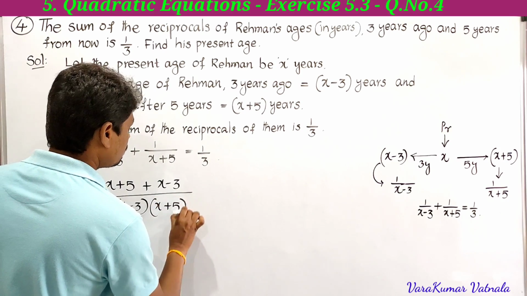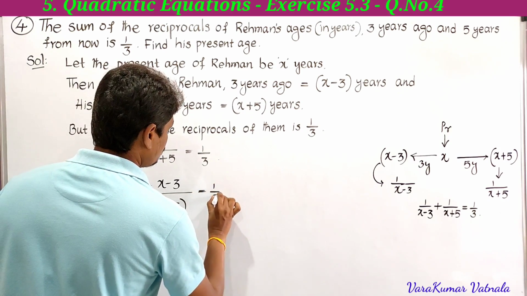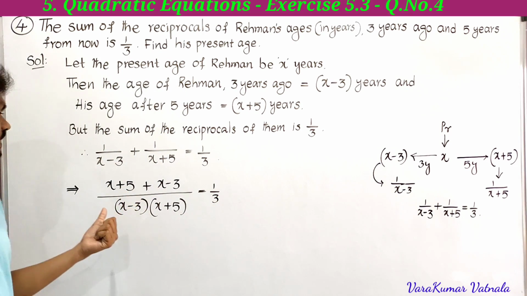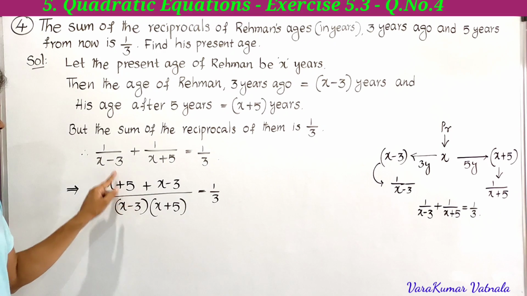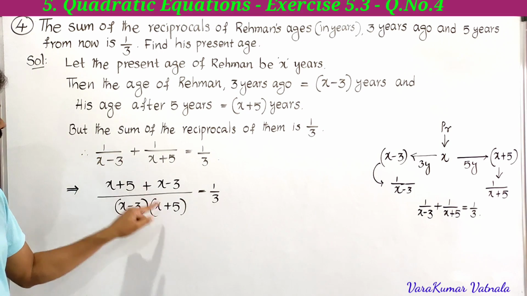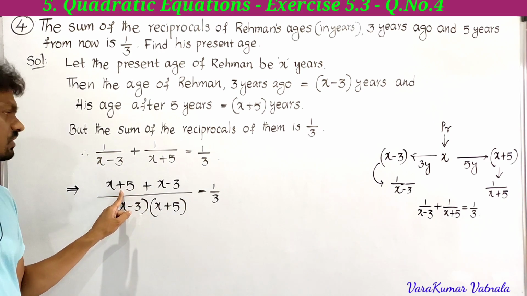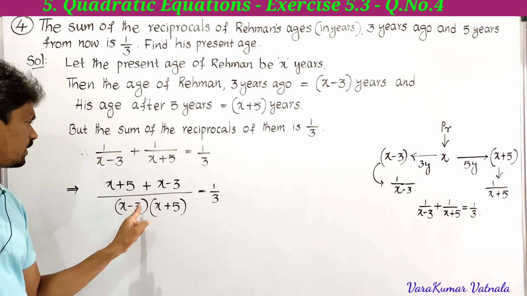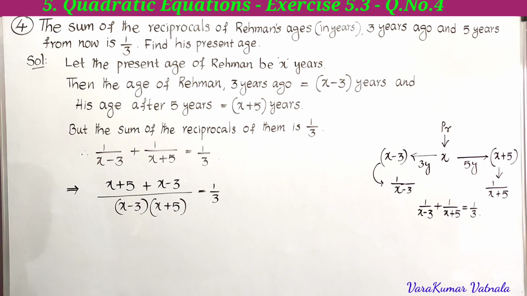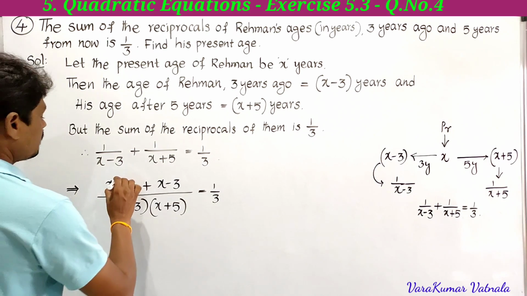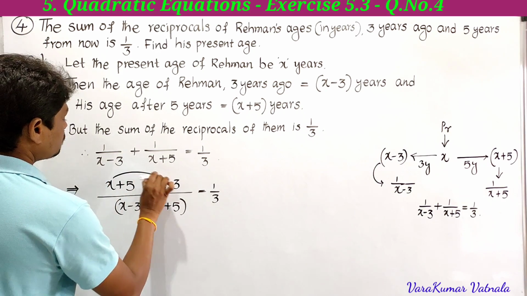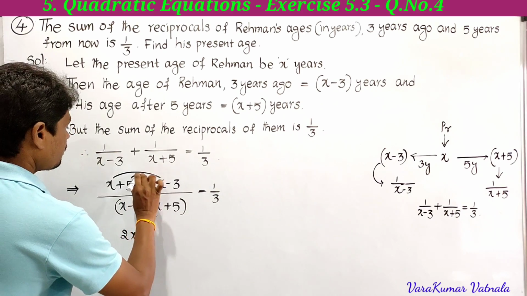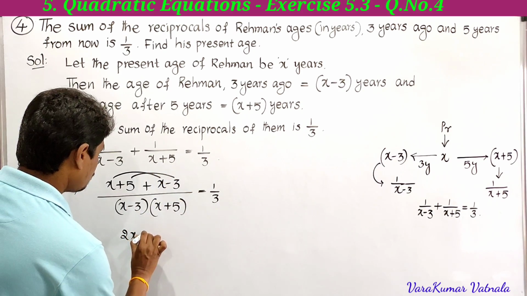So here x minus 3 gets cancelled, 1 into x plus 5 is x plus 5. Here x plus 5 gets cancelled, 1 into x minus 3 is x minus 3. Now we have to simplify further. So x plus x is 2x, and plus 5 minus 3 is plus 2.